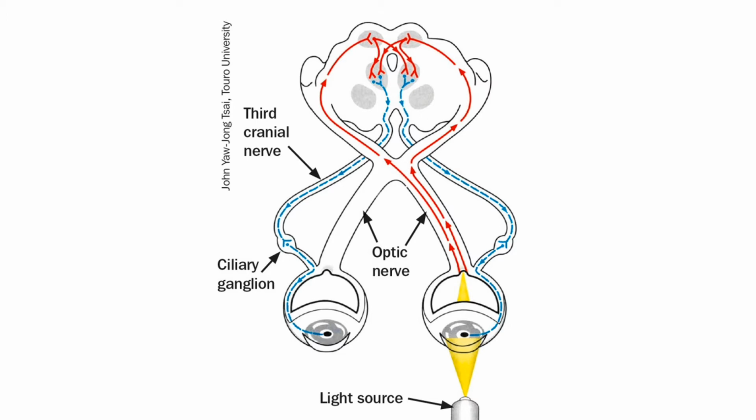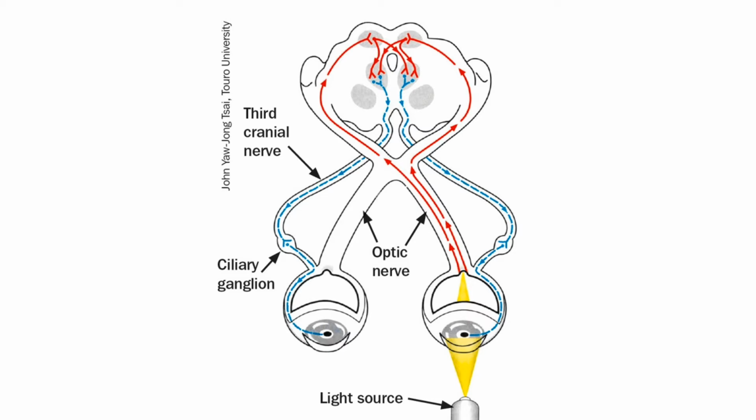So let's look at this one more time. Light enters the pupil, goes into the eye, and hits the retina. The light hits both the nasal and temporal retina. Information from both the nasal and temporal retina go into the optic nerve.